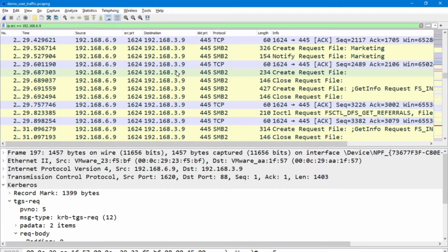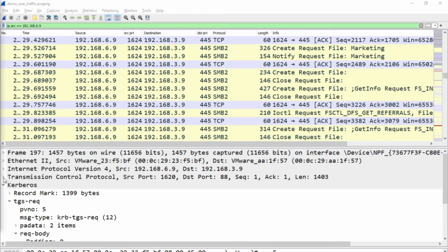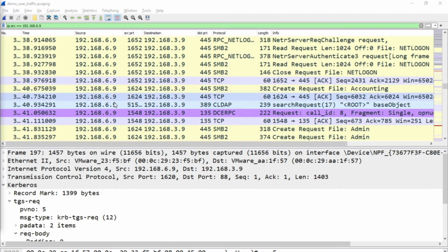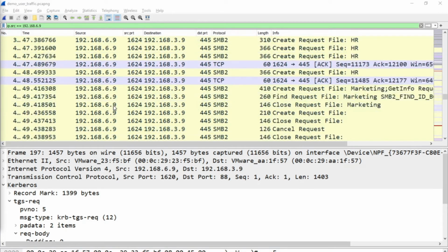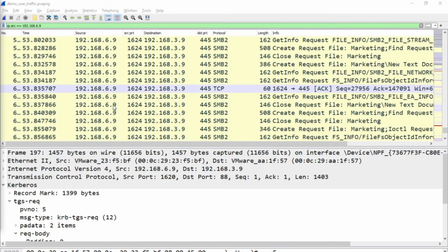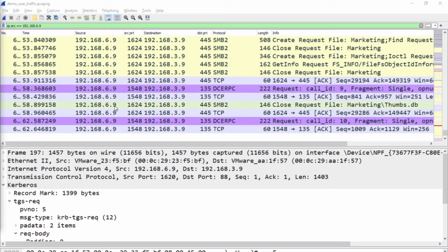Okay, 3.9 seems like an important machine here. There's authentication happening against it, and there's some files that are potentially being saved there. Let's keep going down and see if anything massive changes. And nothing major really jumps out at me.